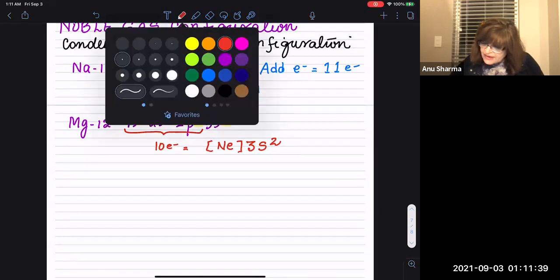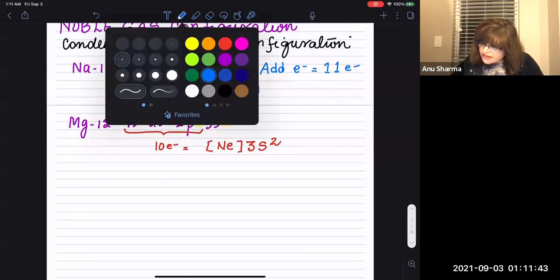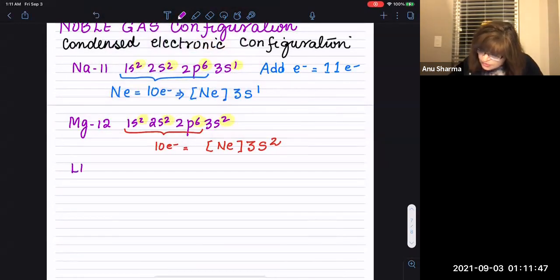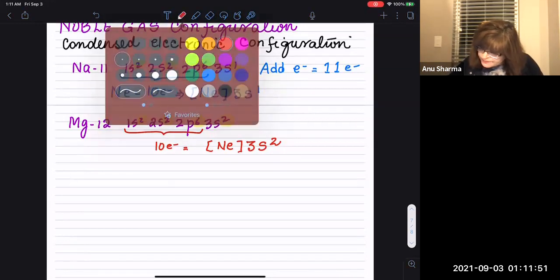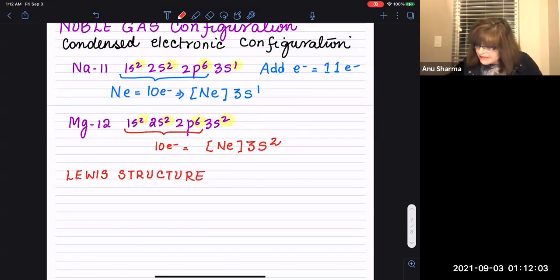All right, now let's look at the Lewis structures, and then we will look at the d blocks. But first of all, the Lewis dot structures. In Lewis structures, we focus only on the valence electrons.